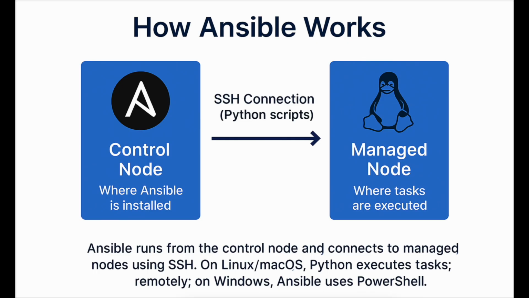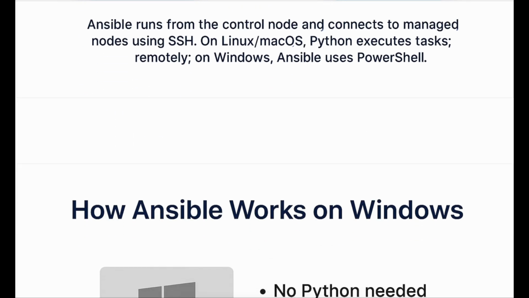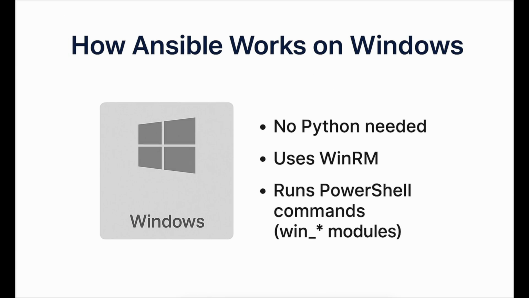Now, what if your target machines are Windows servers? Let's see how that works. On Windows, Ansible uses WinRM, which stands for Windows Remote Management. Instead of sending Python scripts, it sends PowerShell commands.